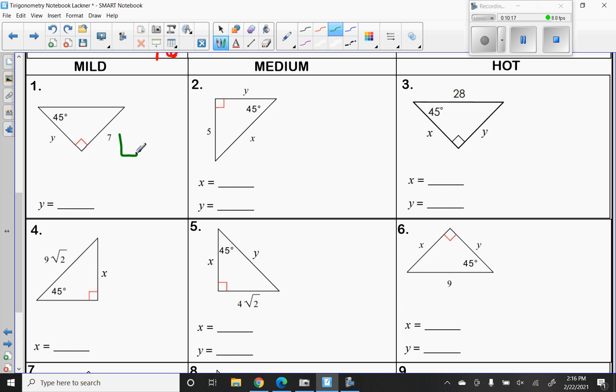A leg. What is y? It's a leg. What does our formula say? How do you find a leg? When given a leg, legs are equal. Y is 7. Number two, I'm going to have to find two things. 5 is a leg. Y is a leg. The legs are equal.